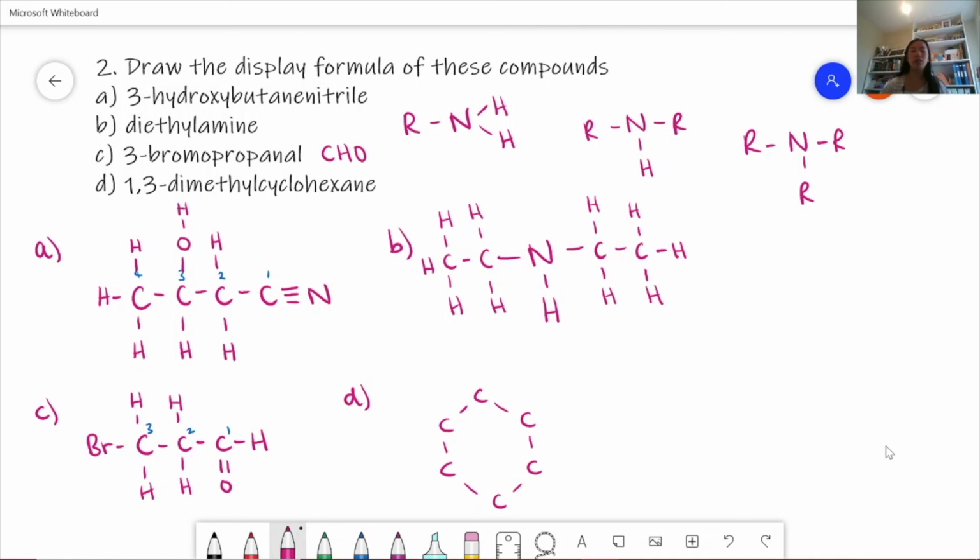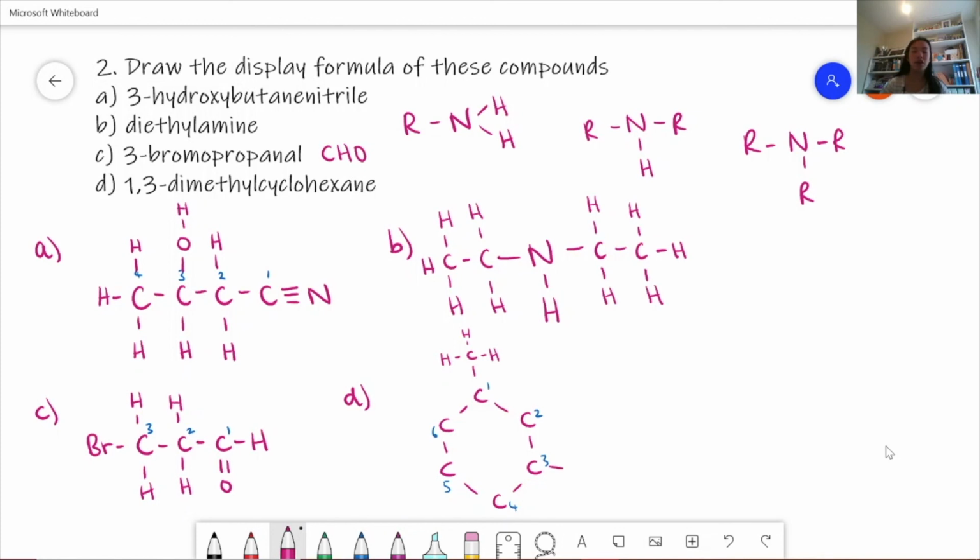And it doesn't matter which carbon is 1 and which carbon is 3, as long as you go all the way around naming them 1 to 6. You can start anywhere, it doesn't really matter. And so we have a methyl group, so we have C and then H3. Again, you need to remember to draw every single bond because it's the display formula.